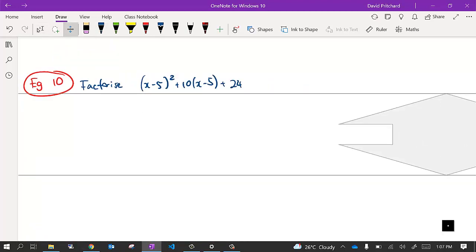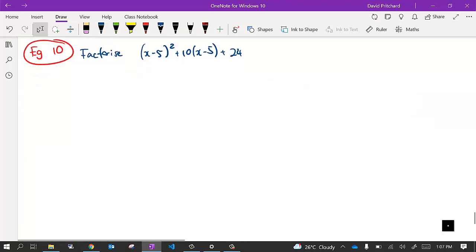We can also look at quadratics where one of those components is a bracket. So we're looking at decomposition. Hopefully you can see this as a quadratic. We've got something squared plus 10 times something plus 24. Some people like to do something like this. So let super x equal x take 5.